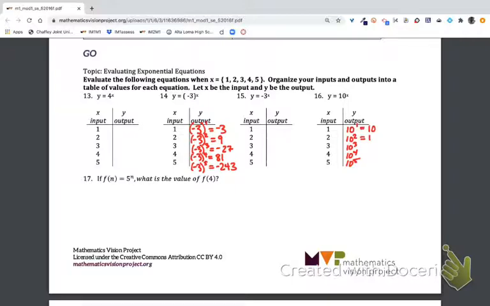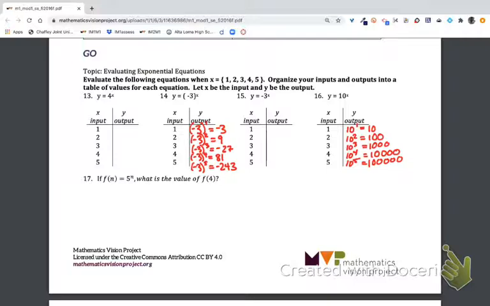So we get 10, 100, 1,000. And what you should start seeing here when we're taking 10 to a power of something, there is a relationship between the exponent and how many zeros there are. That's all we're doing here.